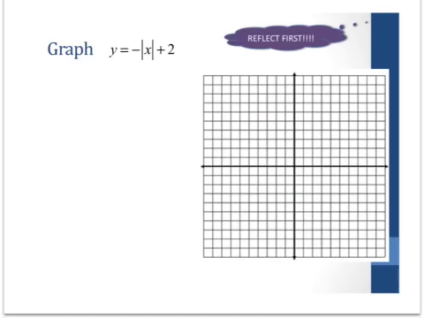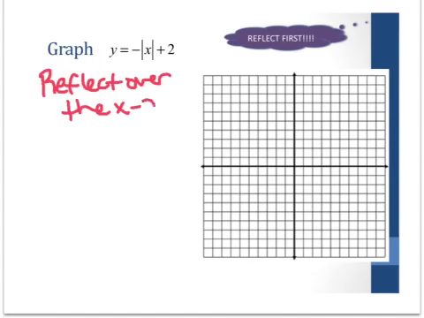So I have two different things going on here. I have a reflection over the x-axis as well as a vertical shift. So I need to reflect over the x-axis. And k is going to be 2, so I need to shift up 2.